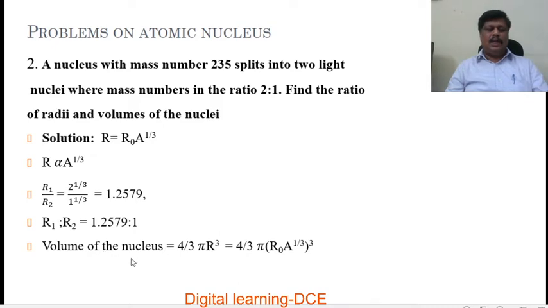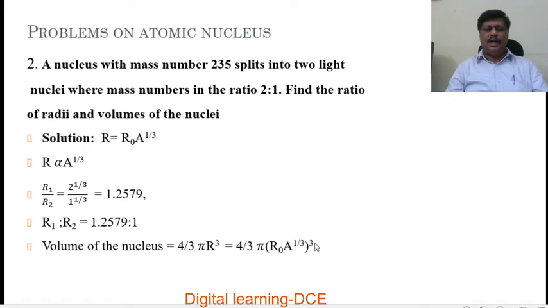Since the nucleus is assumed to be spherical in shape, the volume of the nucleus is given by 4 by 3 pi r cube. But R is equal to R0 A to the power of 1 by 3. Therefore, V is equal to 4 by 3 pi, and for R, substitute R0 A to the power of 1 by 3 whole cube.